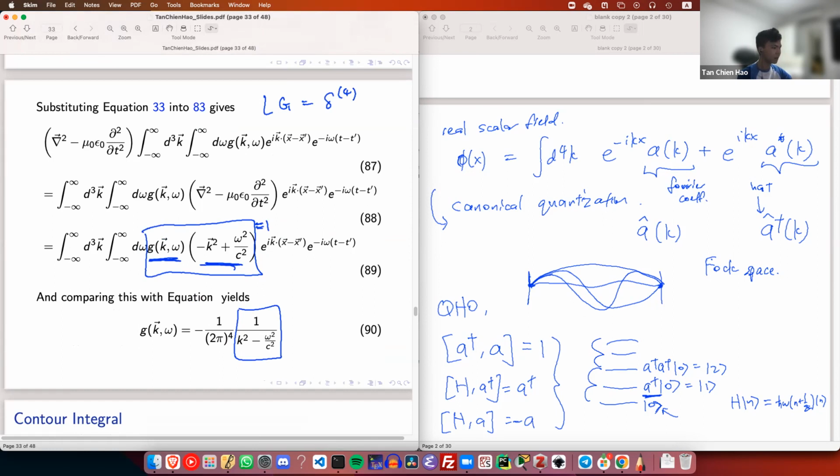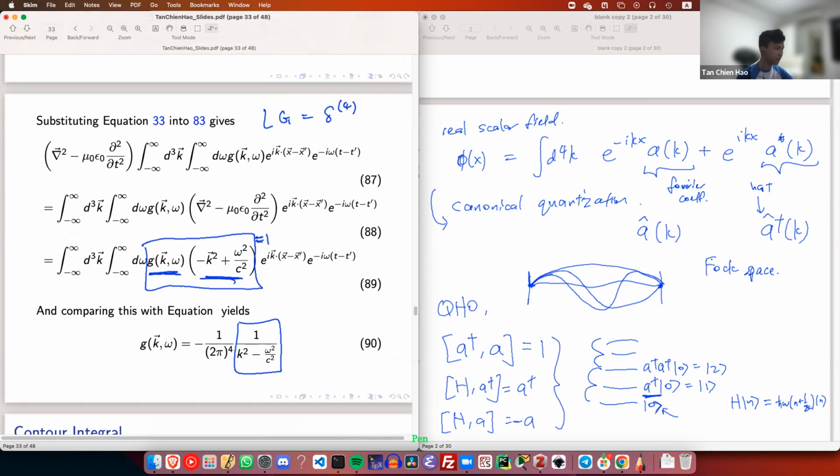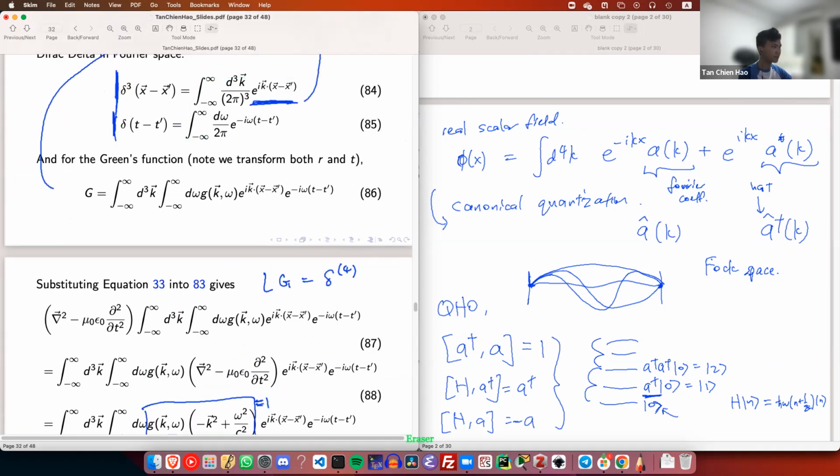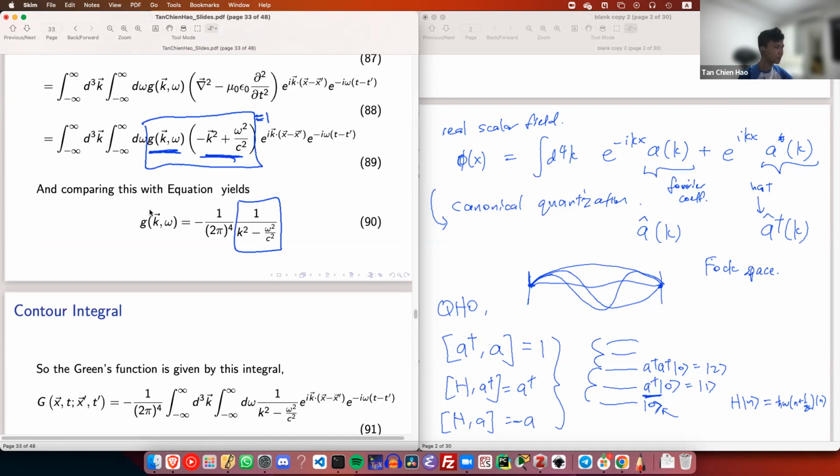The 1 over 2 pi to the 4 is just for these factors of pi over here. Usually when we do Fourier space, they come together with the things that we integrate over. Okay, so now we've successfully found the Fourier transformed Green's function.